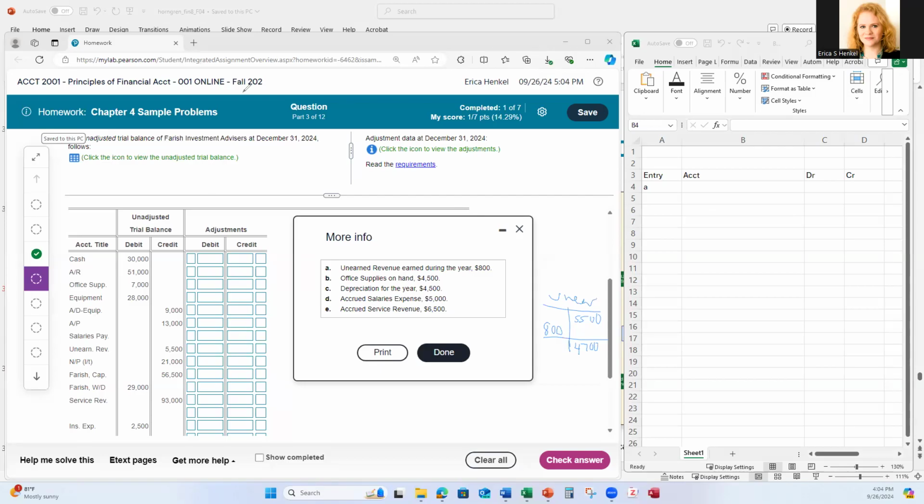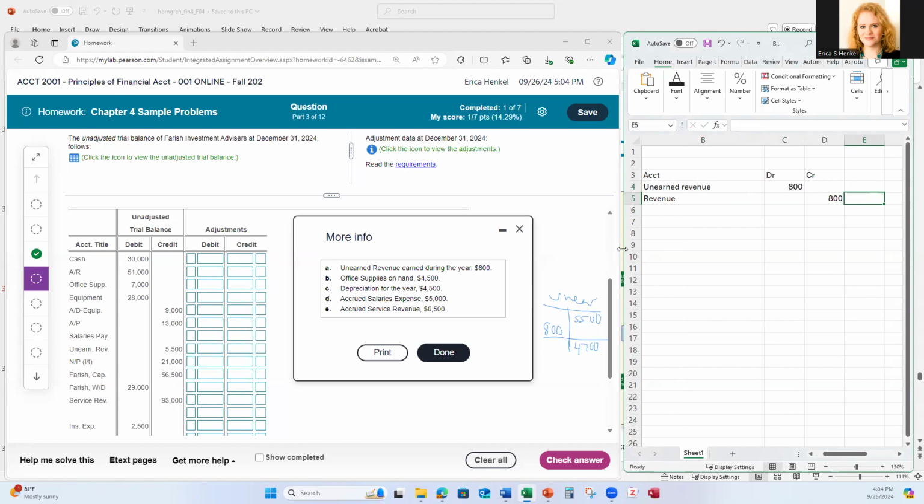So when we make that entry, though, what we're going to do is debit unearned revenue for the 800, and then we are going to credit revenue, so service revenue, which is an income statement account.